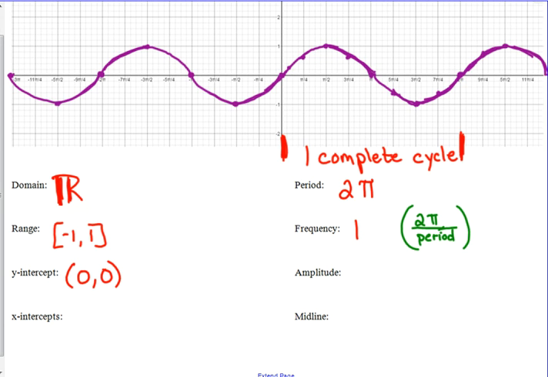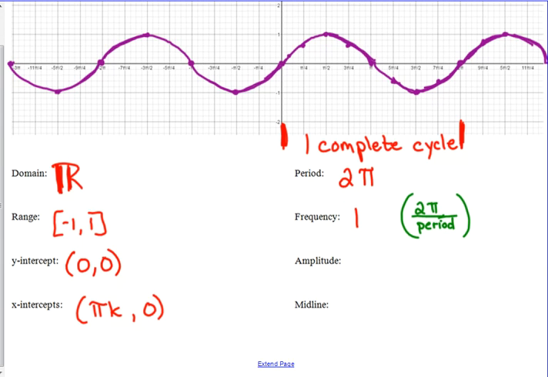So here's how we're going to write this. We'll do pi k comma 0, because our y value is always 0 for our x-intercept. So the x values, k is an integer. You need to write that below your point here. What it's saying is if k is 0, pi times 0 is 0.